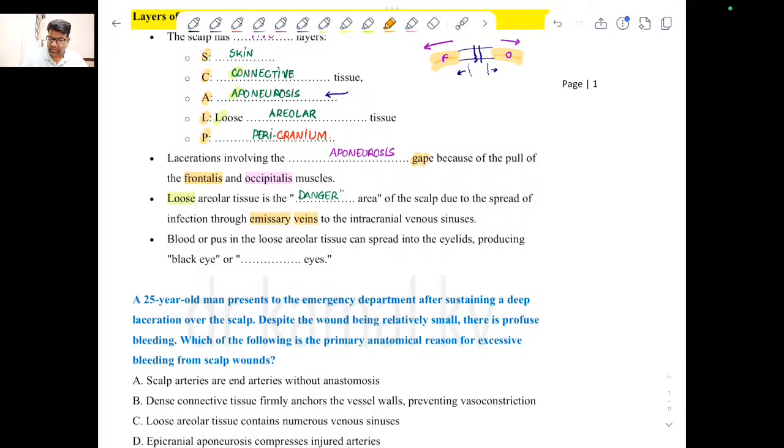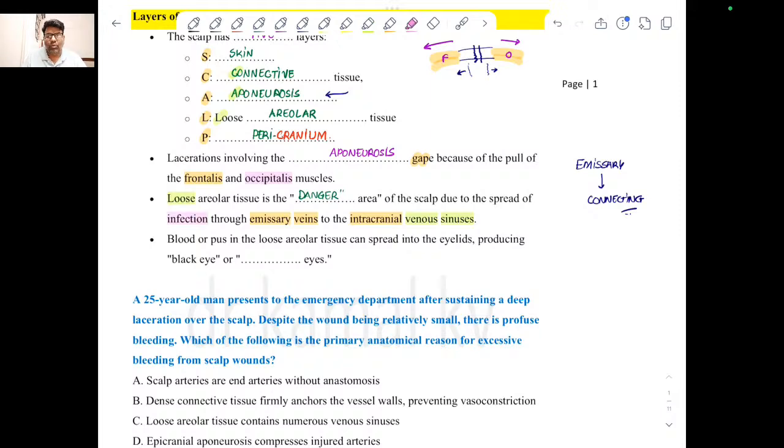Emissary veins are actually connecting veins. And what are they connecting? They are connecting the extracranial tissue with the intracranial venous sinuses. So the infection which was outside the skull is now moving inside the skull and involving the venous channels. That's why this loose areolar tissue is known as the dangerous area of the scalp.